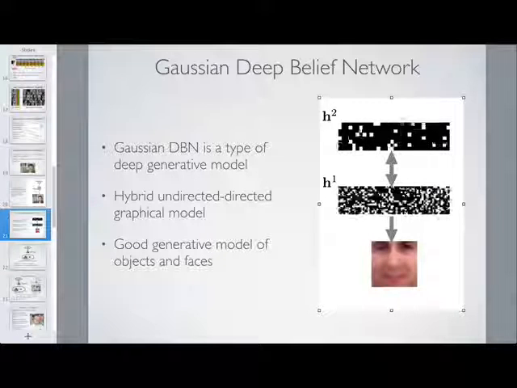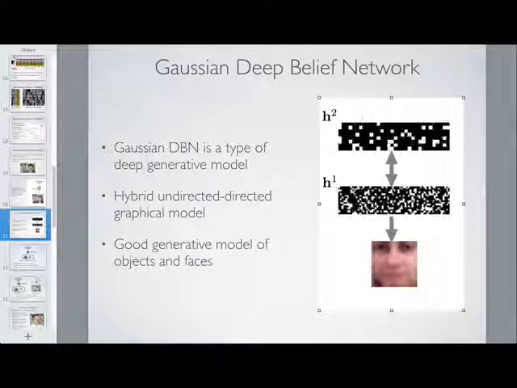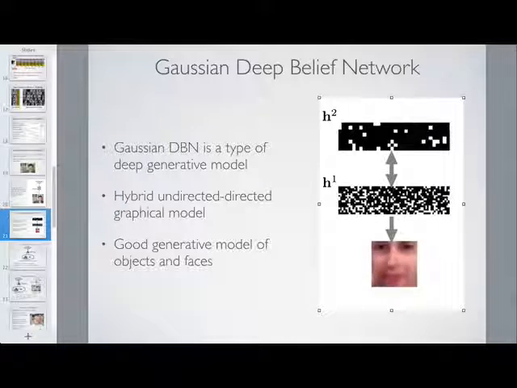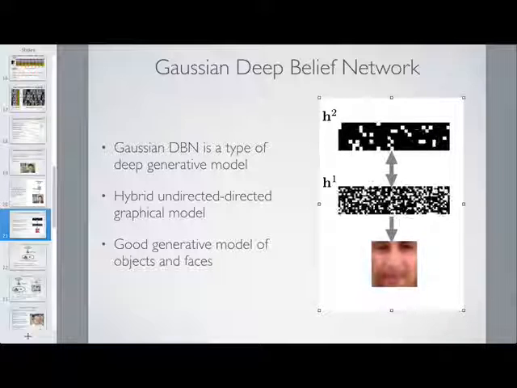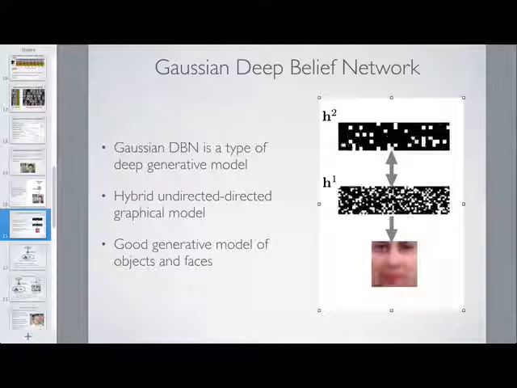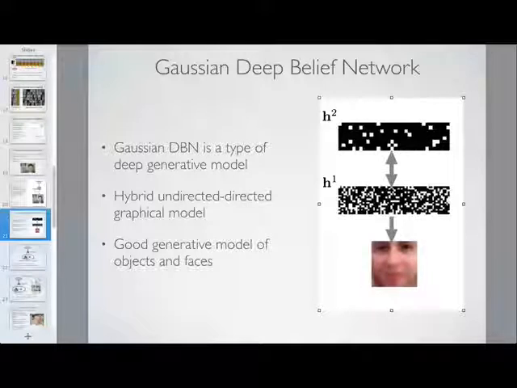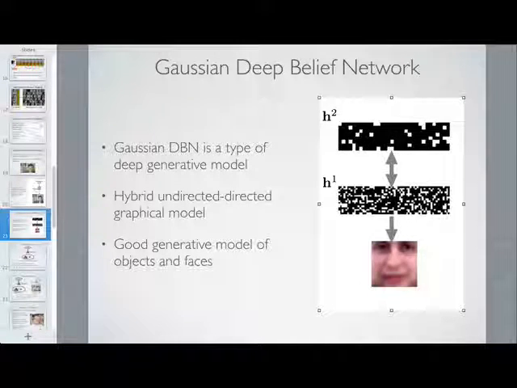The middle layers, H1 and H2, are hidden layers, and these are binary stochastic latent variables, and they're changing because we're sampling them, randomly toggling. Very loosely, they can be thought of as neurons firing. As we run this network and sample from this distribution, it generates a wide distribution of faces. This demonstrates that the generative model is pretty good, and it's going to be part of the attention model.